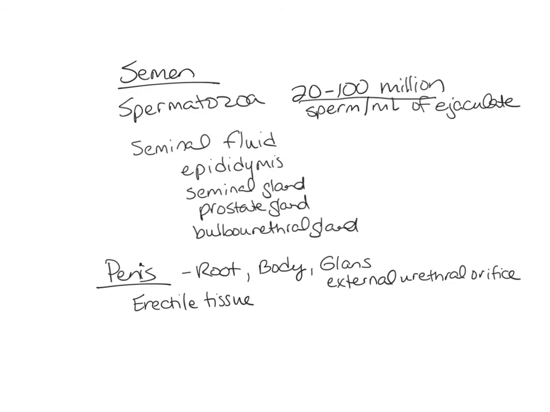Now, in the penis, there is erectile tissue. The erectile tissue has many vascular channels, and there's also elastic connective tissue and smooth muscle fibers. There are two types of erectile tissue. There's the corpora cavernosa, and there is the corpus spongiosum.